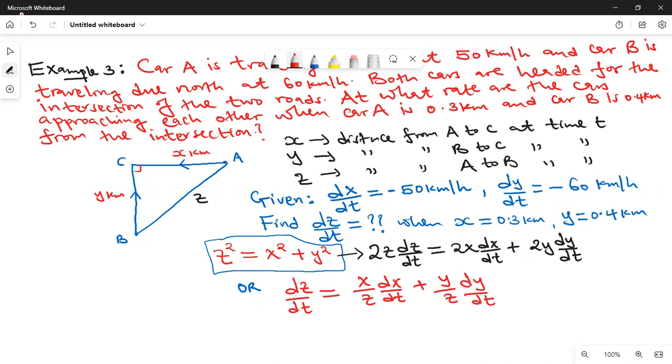So when you look at that equation, we know dx/dt, we know dy/dt, we know x and y, but do we know z? No. We need to find z.